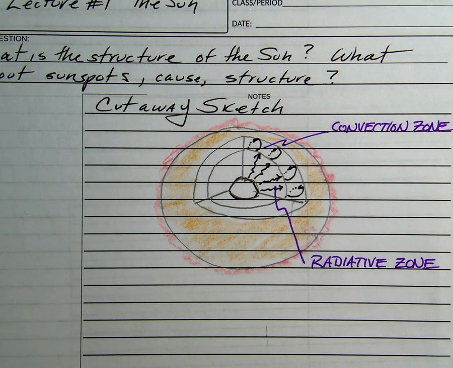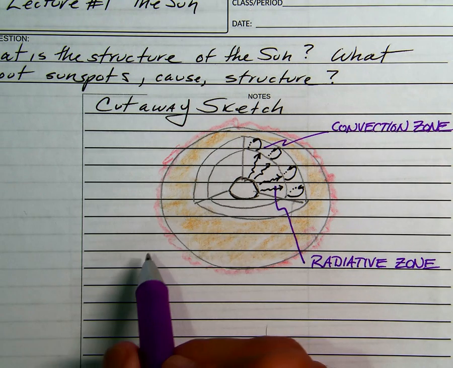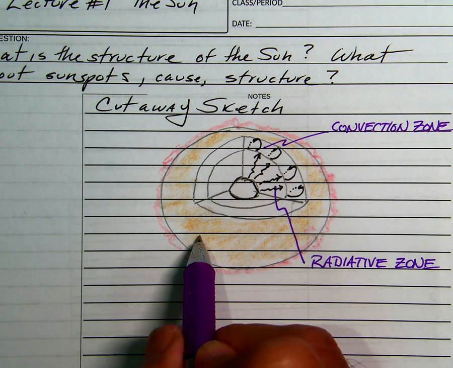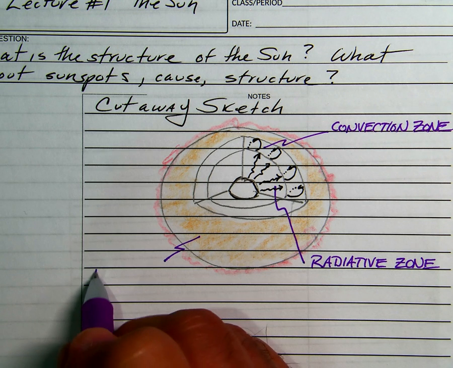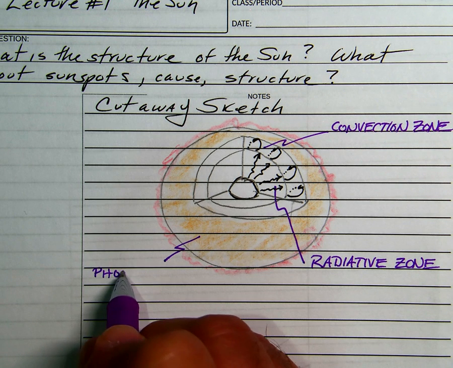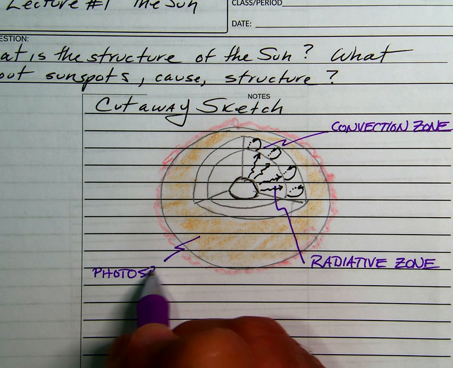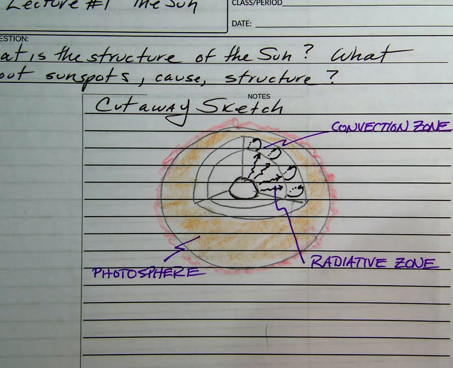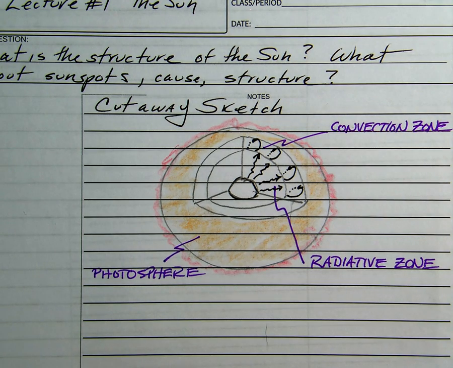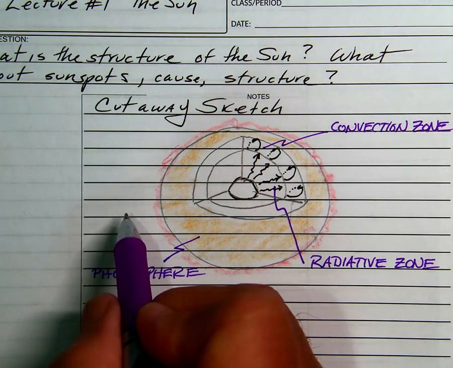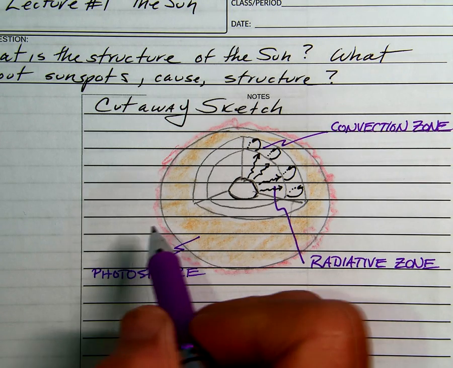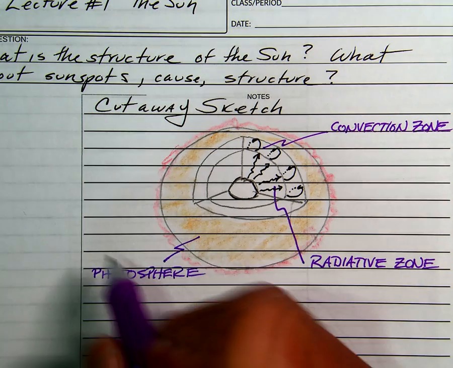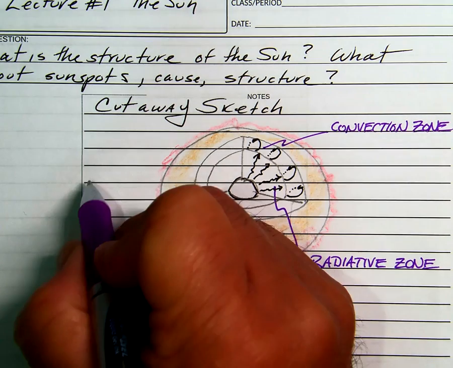The surface is the photosphere, and the outside lower atmosphere is the chromosphere.